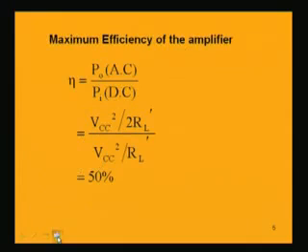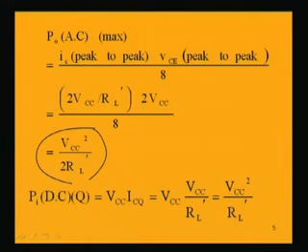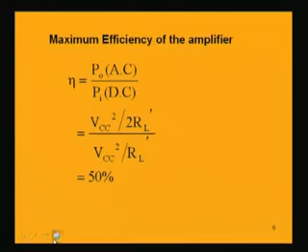So, now if we want to find out the maximum efficiency of this transformer coupled amplifier, we have to find the ratio between the output AC power and the DC input. Output AC power P naught AC we have found out to be VCC square by twice RL dash, and VCC square by RL dash is the DC input.